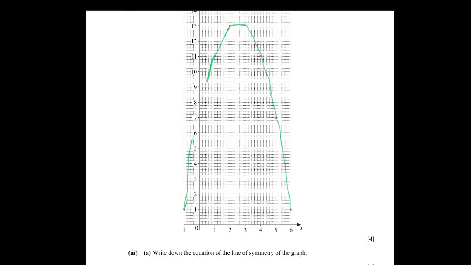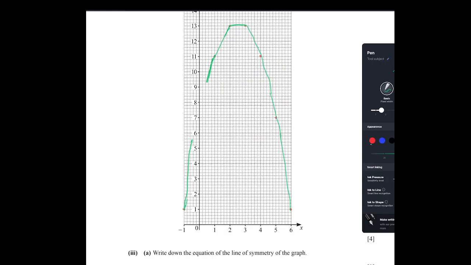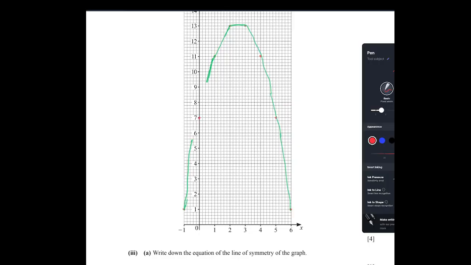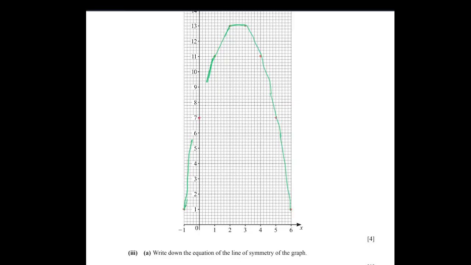Let me mark it once again. Yeah, this is the graph.